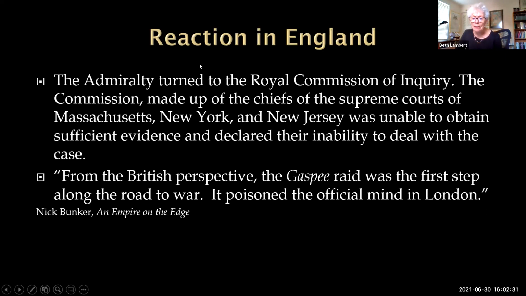The reaction in England to this last one was that the Admiralty turned to the Royal Commission of Inquiry, and they were unable to find sufficient evidence and declared their inability to deal with the case.